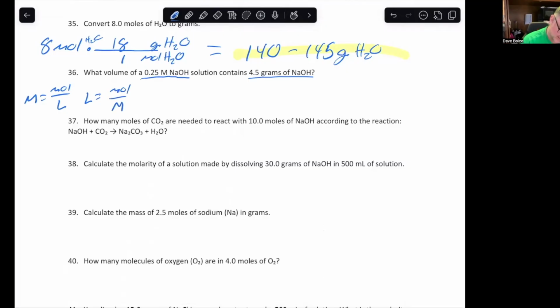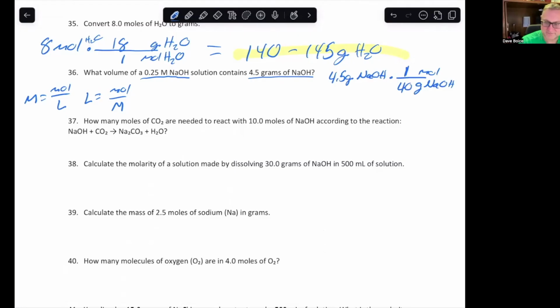Okay. And I've got 4.5 grams of NaOH. So I'm going to use that to find moles. So 4.5 grams of NaOH, and then move grams of NaOH down to moles. 1 mole of NaOH is equal to 40 grams.